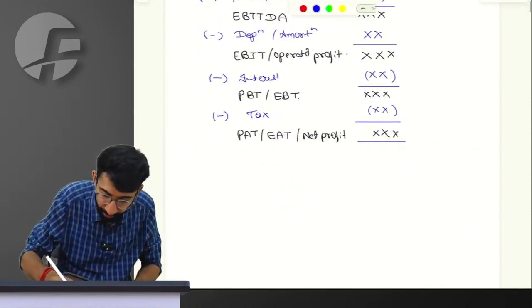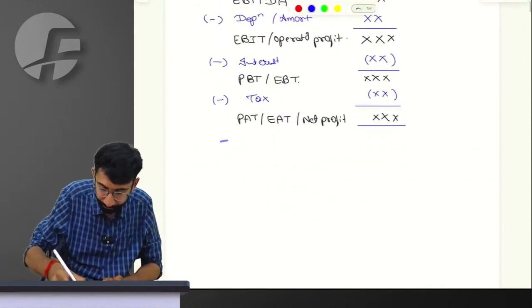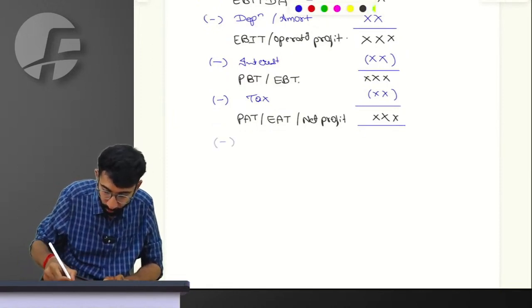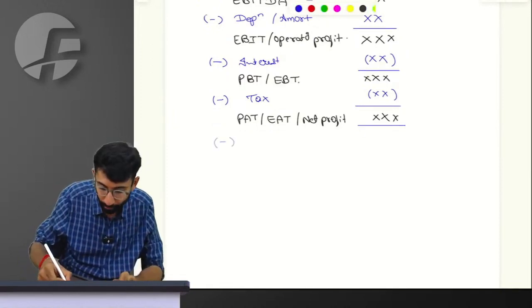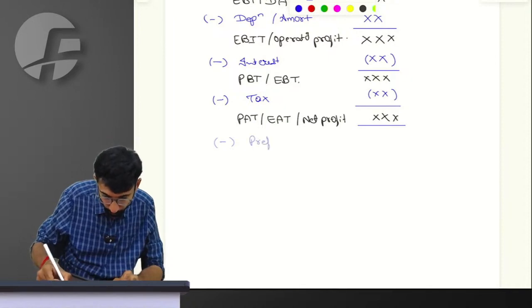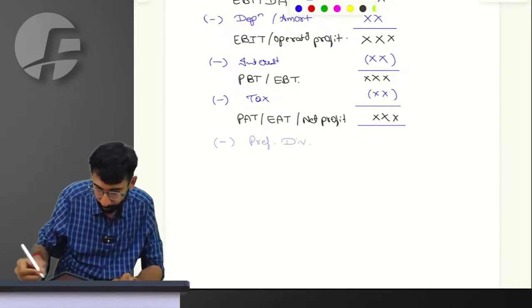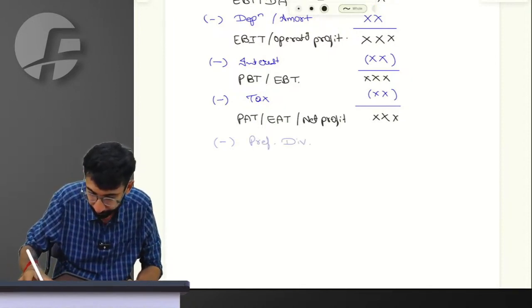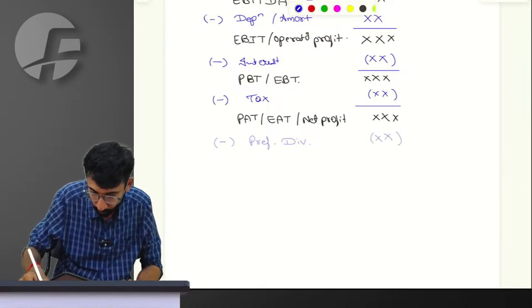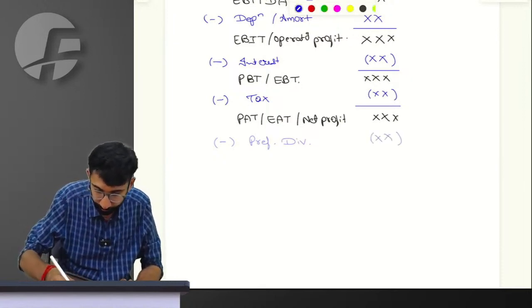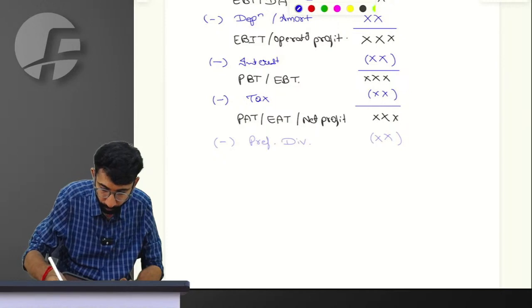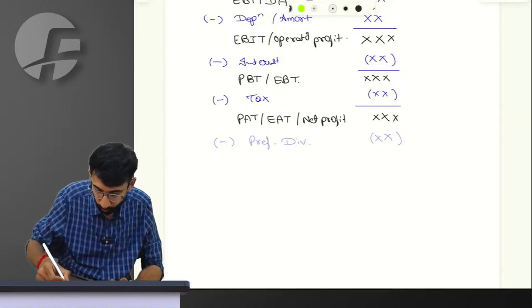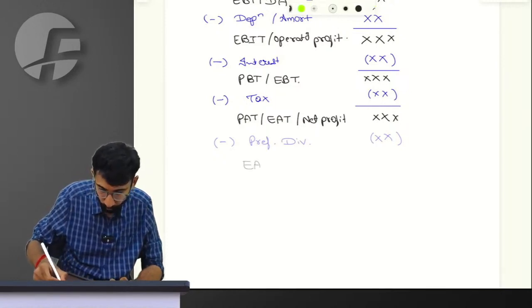After that, obviously we deduct certain things like, let me show you, which is why I'm showing you that in blurred. Preference dividend, when you deduct, what do you get?